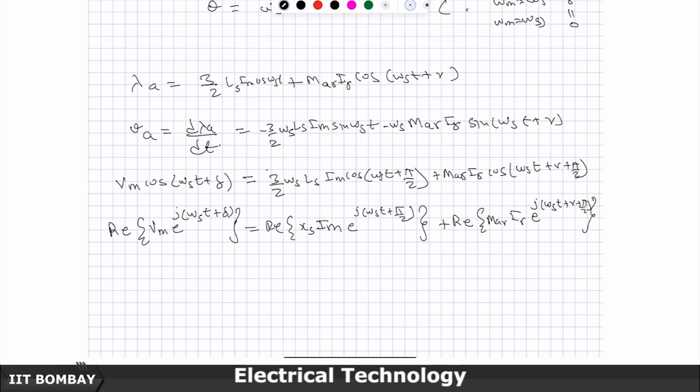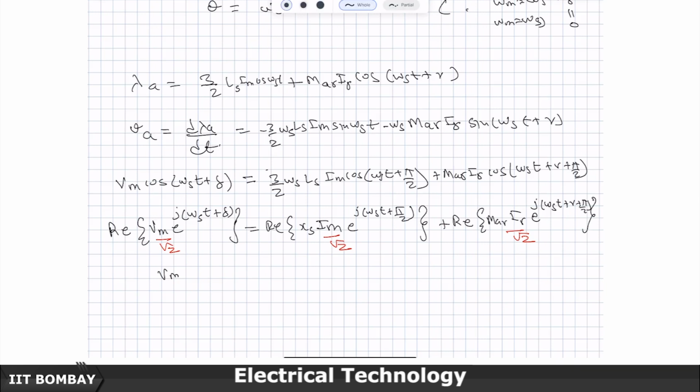Now, what I will do is, let us divide this equation by root 2 everywhere. I will divide all these terms by root 2, because then I want to write things in terms of phasors, that is the basic idea.